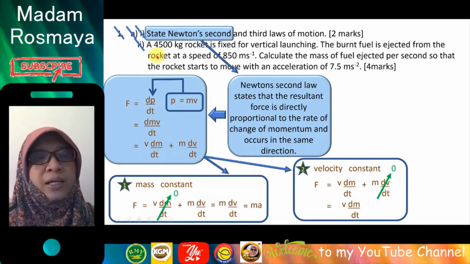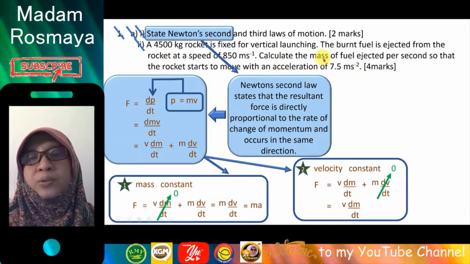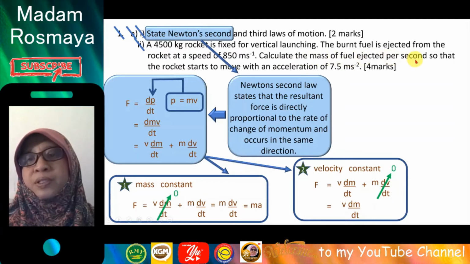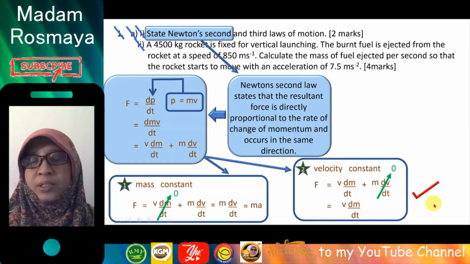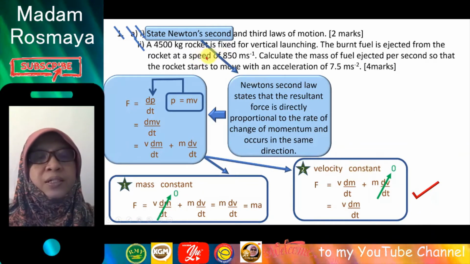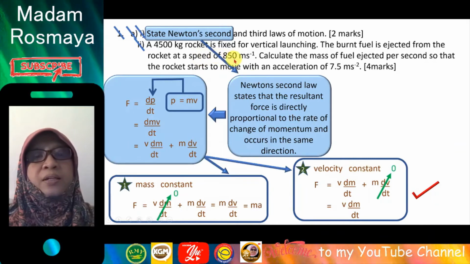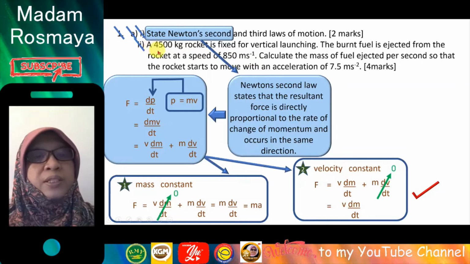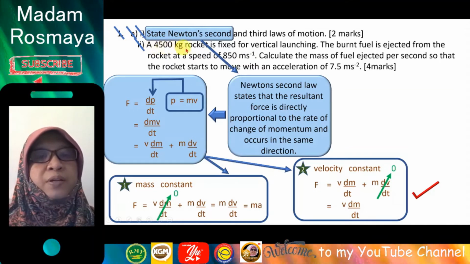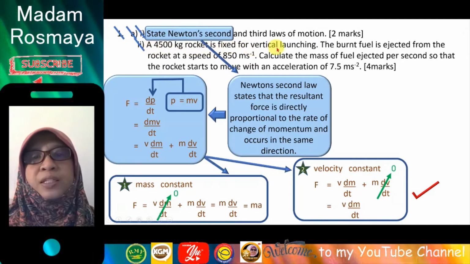For the second question, we are going to determine the mass of the fuel ejected per second. That means we choose the second situation, where the velocity is constant, because the speed given here is constant at 850 meters per second. So we read the question again. A 4,500 kilogram rocket is fixed for vertical launching.